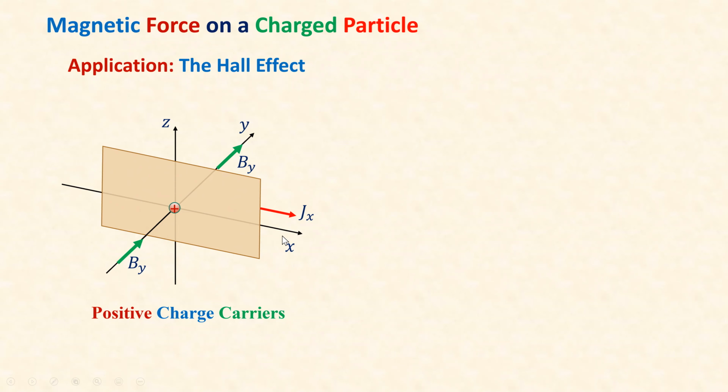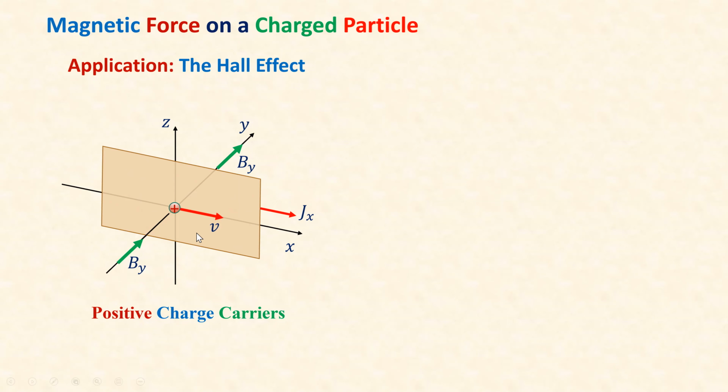They should move in the x direction, don't they? They should move in the x direction to create this current, because the current is charge that passes through the cross section, so it's in that direction. If it was negative, it would be moving in the opposite direction. So negative charge moving to the left is the same as positive charge moving to the right for the current. It's the same thing.